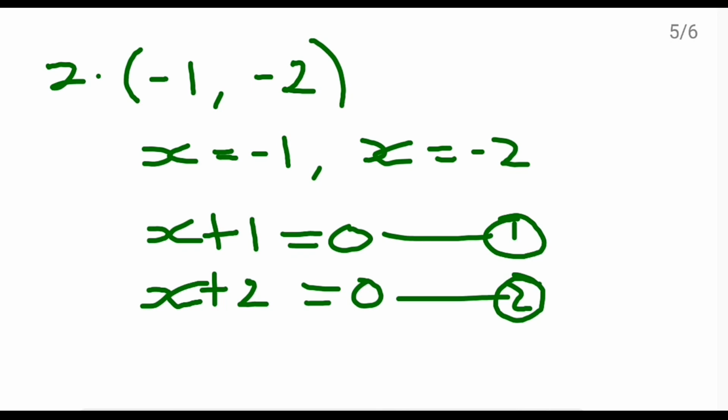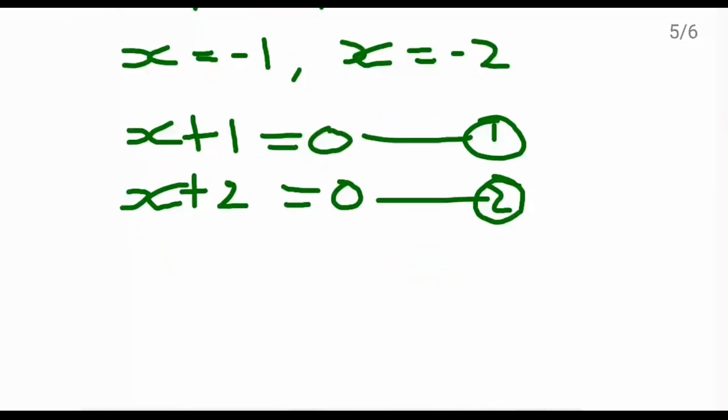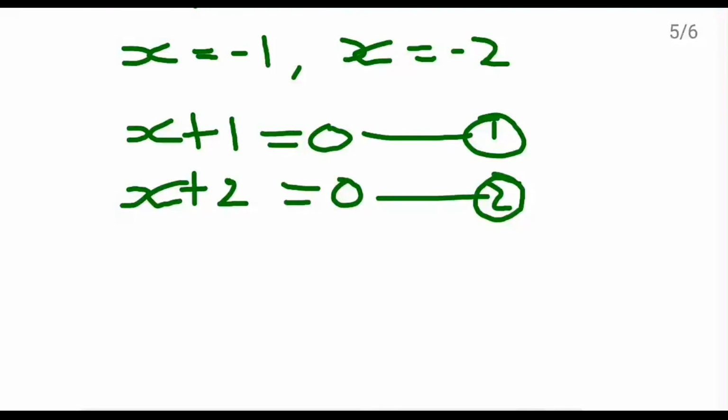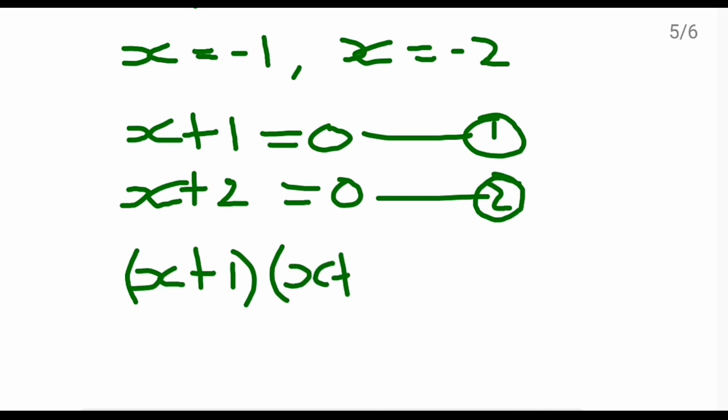We shall multiply equation 1 and 2. When we multiply them, we shall have x plus 1 multiplying x plus 2 equals 0 times 0, which is the same as 0.